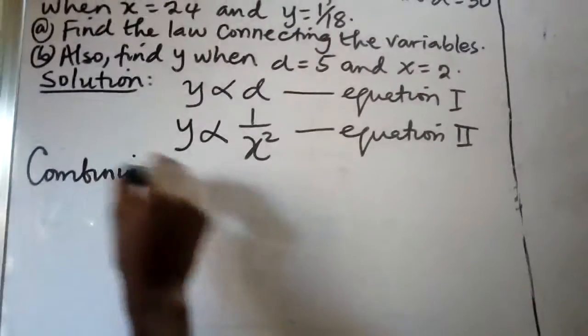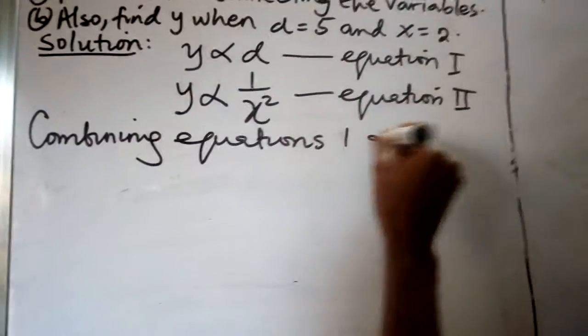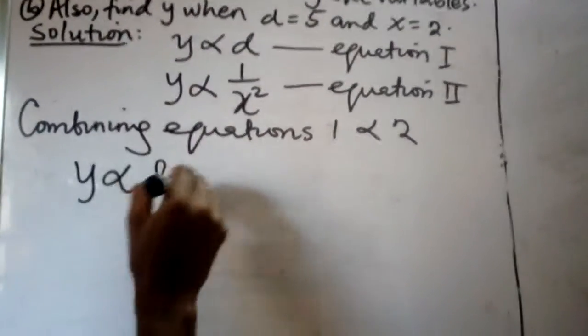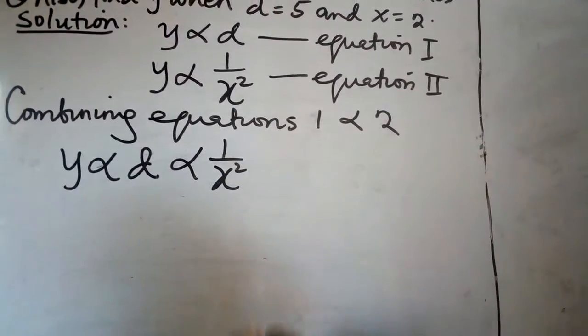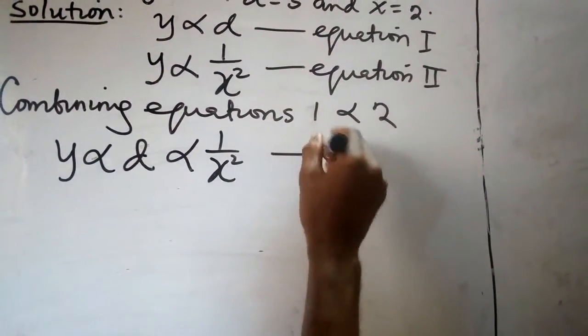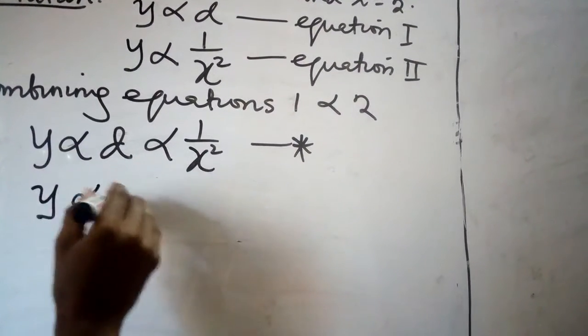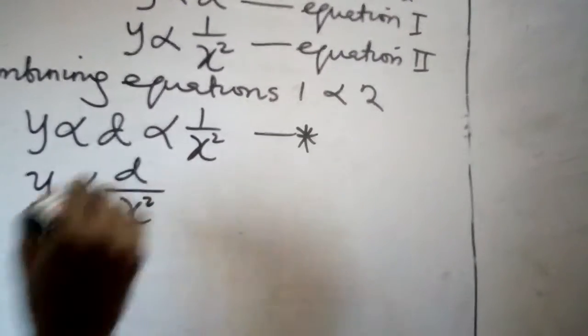So combining equation 1 and 2, you have y varies directly as d and inversely as the square of x. Let's call this star.